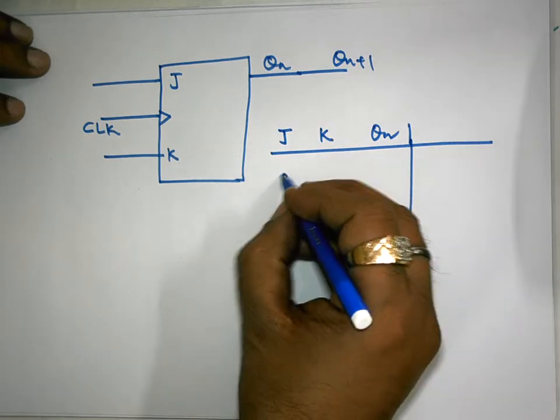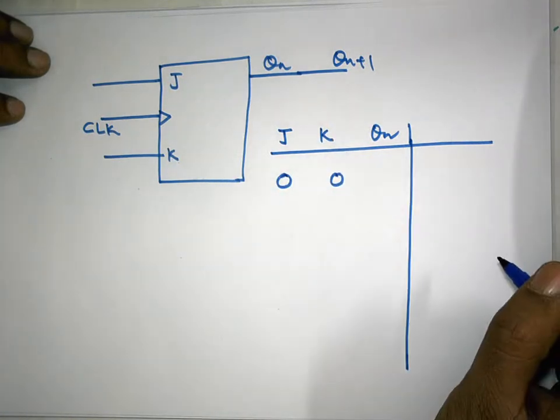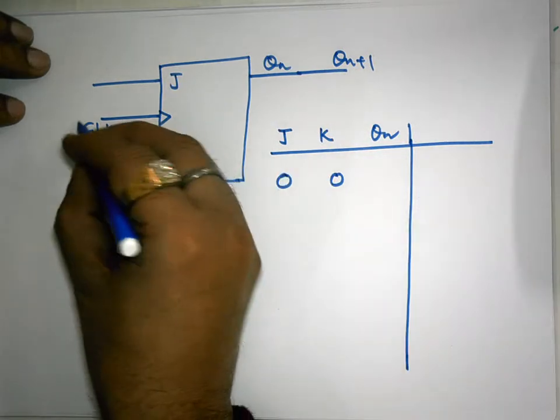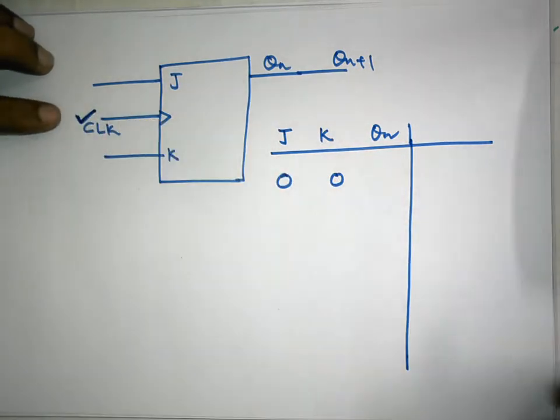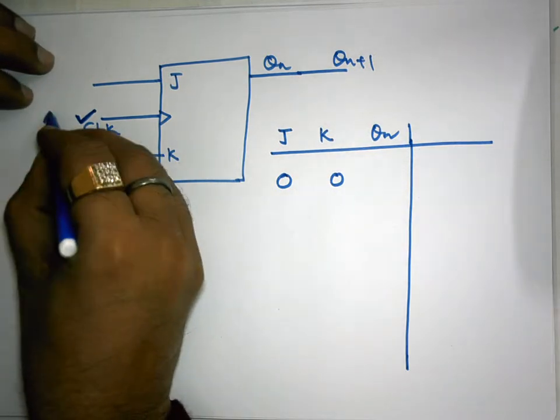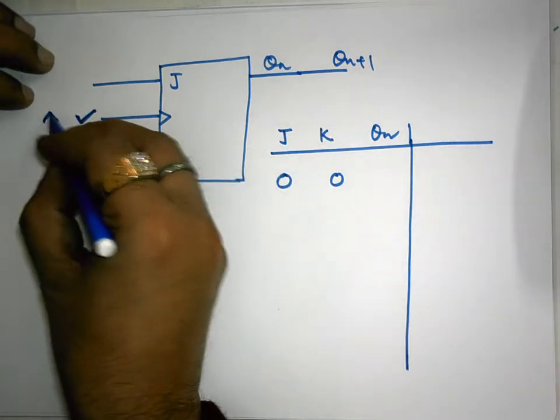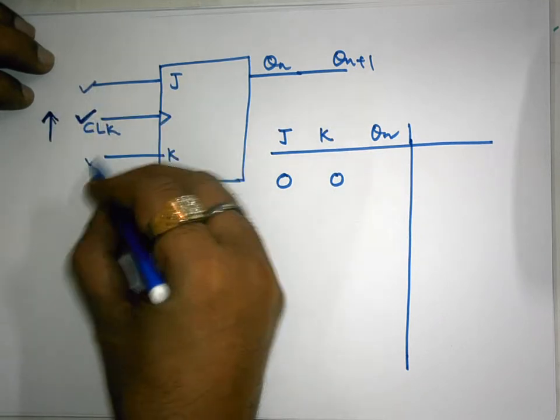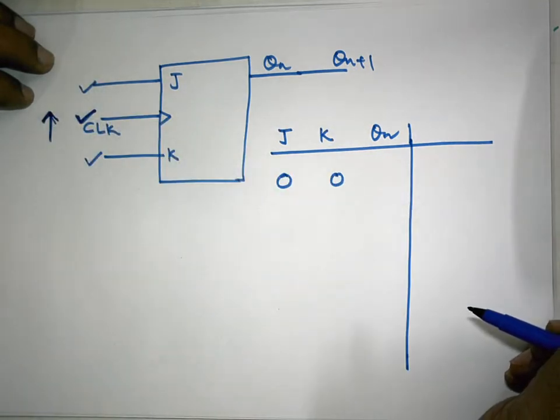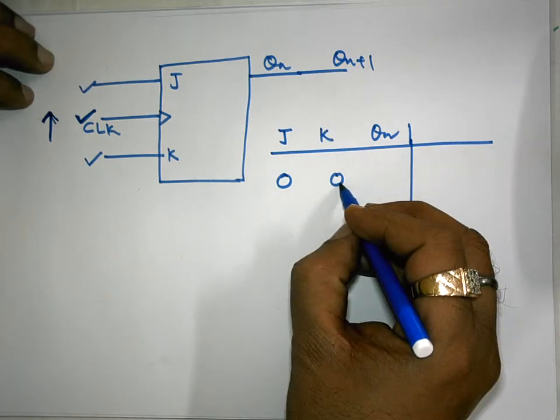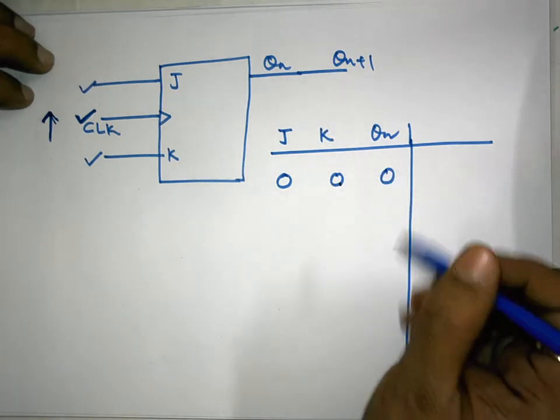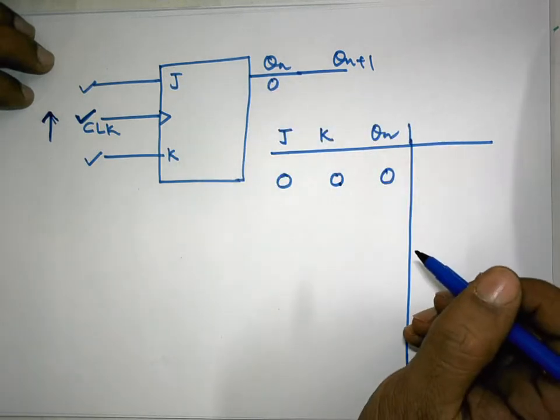So if J is 0, K is 0, and we imagine that all the favorable conditions exist at the clock input. And what is that favorable condition? This rising edge. This is the only favorable condition. Other conditions are not favorable, in fact, because they are not allowing this J and K input to make any change. So if J is 0, K is 0, and Qn was 0, this present state is 0.